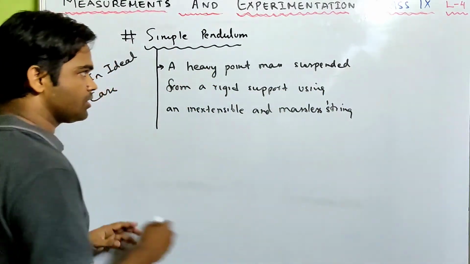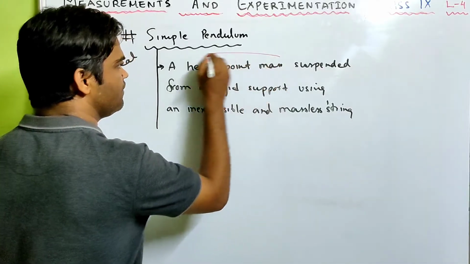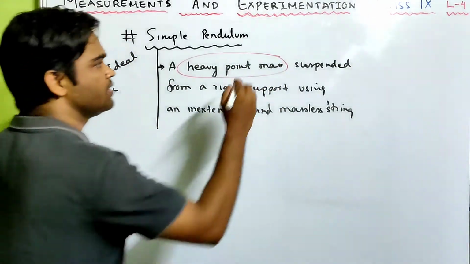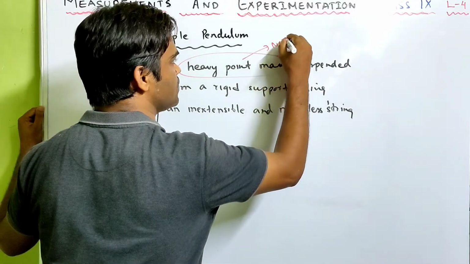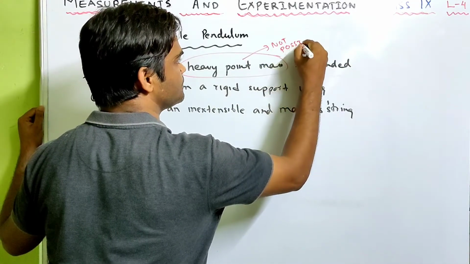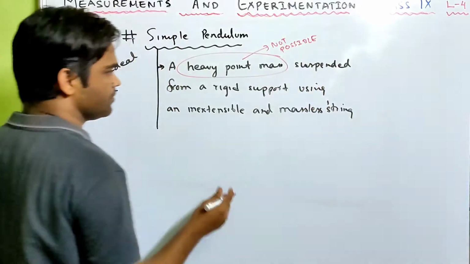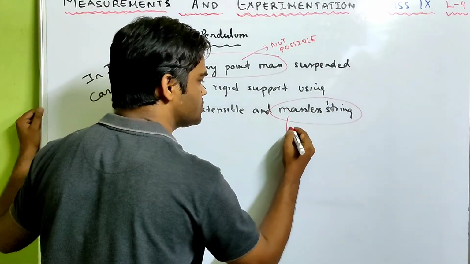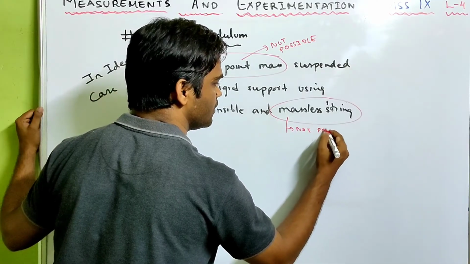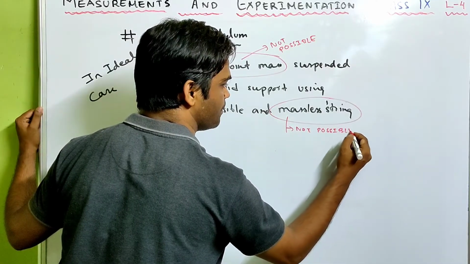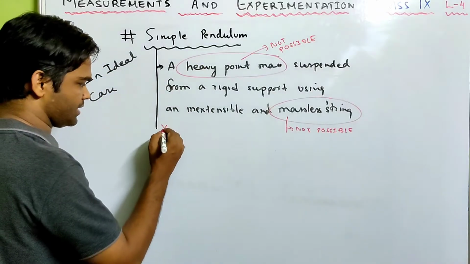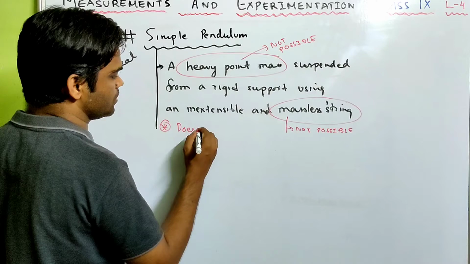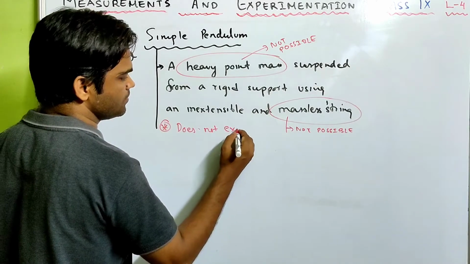But if you look at two things over here, a heavy point mass तो heavy होगा ही नहीं, so this is not possible, isn't it? Again, a massless string, this again is not possible, which means you can say that practically a simple pendulum does not exist.